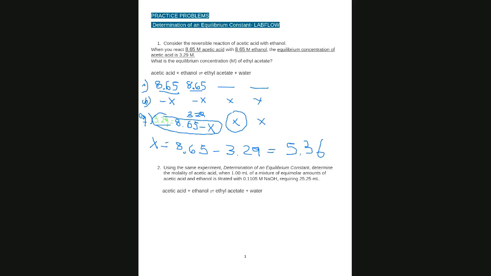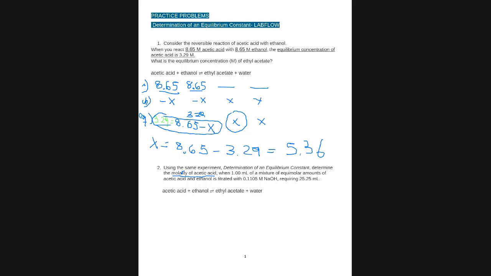Using the same experiment that we just went over, determine the molarity. What does it say? Molality. No, it's molarity. Okay, this is a typo. Molarity of acetic acid.